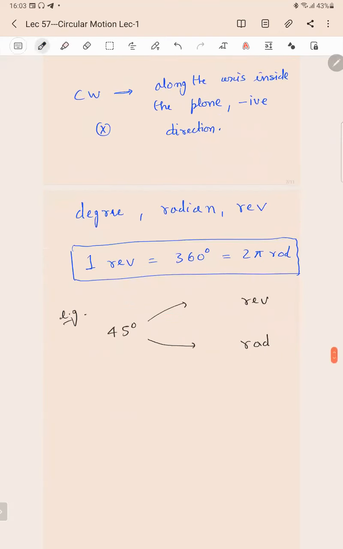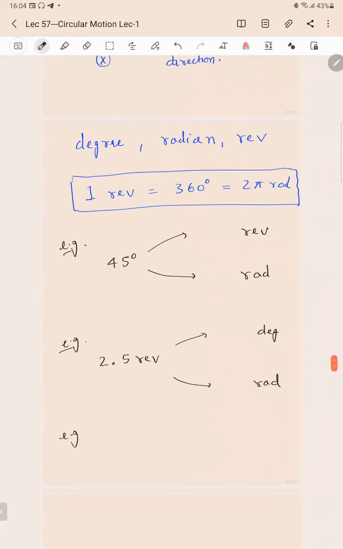Second, if I've got 2.5 revolutions, I want it in degrees and in radians. And suppose I have got 3 pi by 2 radians, I want it in degrees and in revolutions. Just sort this out, send me, let us check. And this is the core thing that you have to remember.